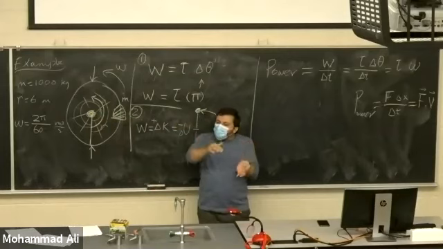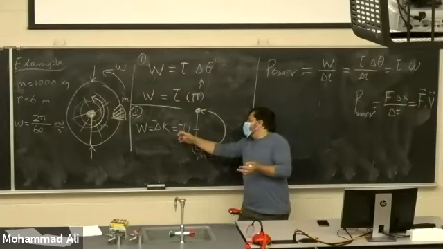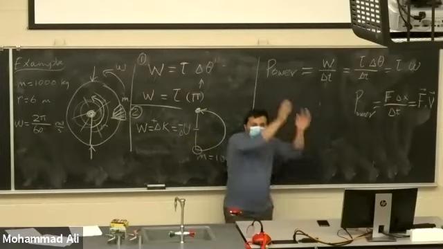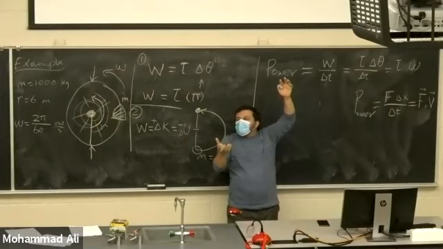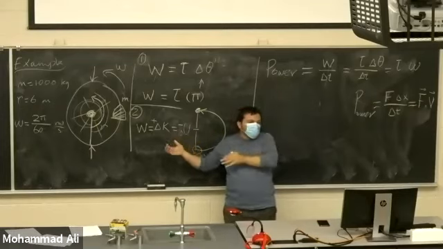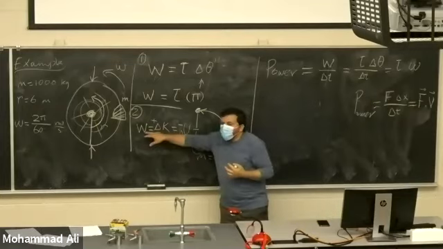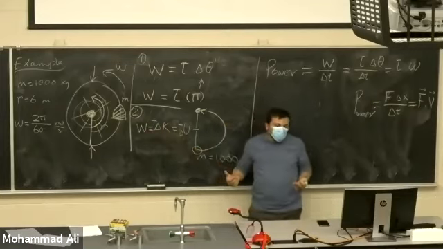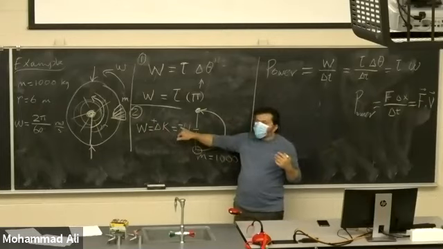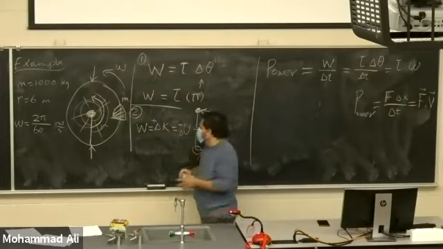Because the work done by gravity is negative delta U, the engine needs to do this work, which is positive delta U. I'm asking now about the work done by the engine, not by the gravity. Previously, we put a minus sign because we were talking about the gravity. Now we are talking about the engine.